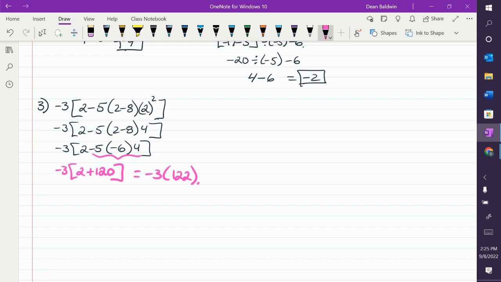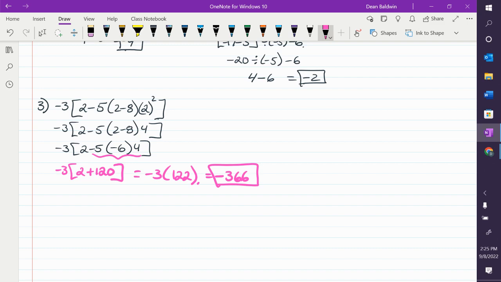Yes. So then you go negative 3 times 122, which if you put it in your calculator is negative 366. How does that feel? Okay.